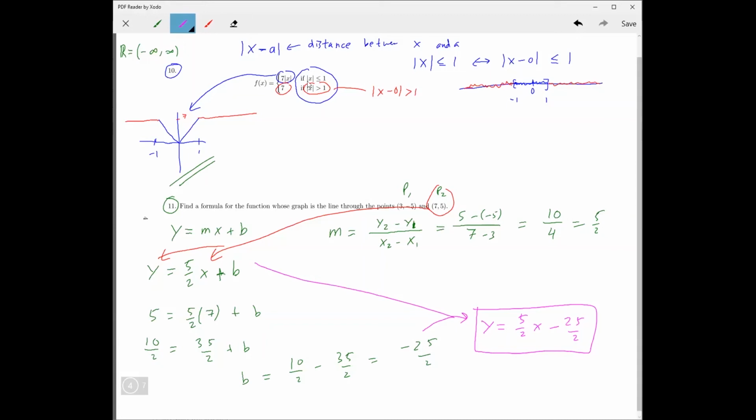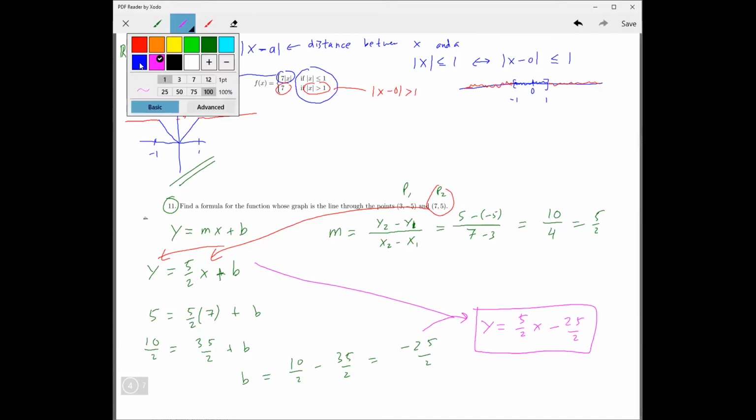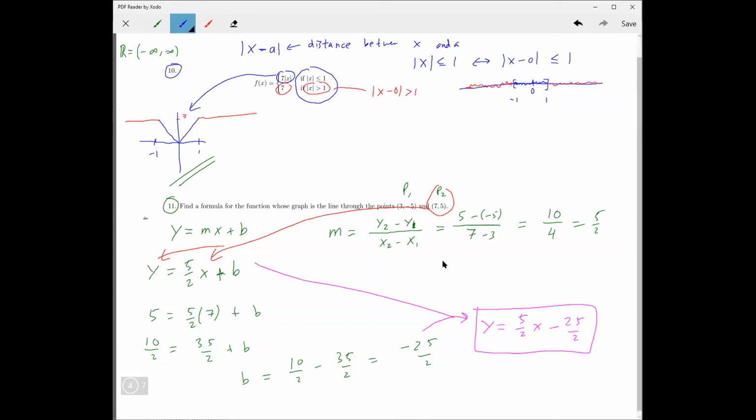Another thing that you can do, by the way, there's always other options to doing these things. Another one that you can do is you can use the point-slope form of the equation of a line. So y minus y0 equals the slope times x minus x0.